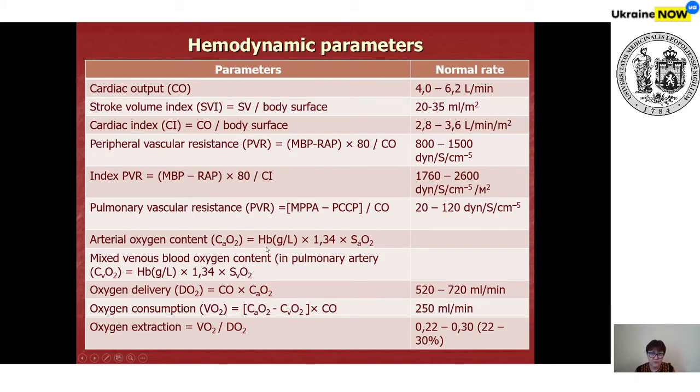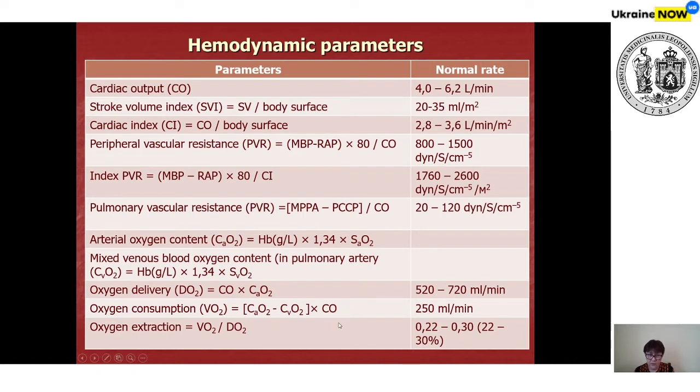Using this formula, but putting here saturation of venous blood, you can calculate the amount of oxygen in venous blood. And oxygen delivery, it's cardiac output multiplied by concentration of oxygen in arterial blood. Oxygen consumption, it's the difference between arterial and venous content of oxygen multiplied by cardiac output.